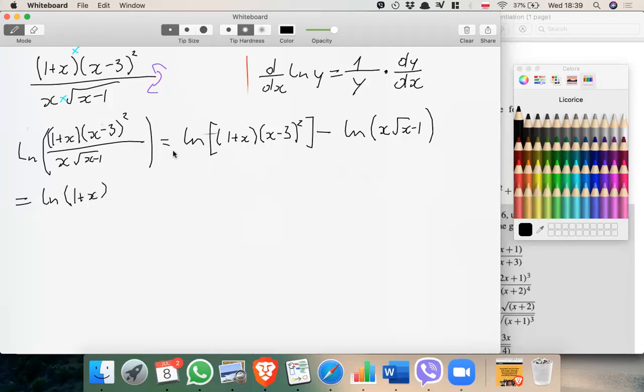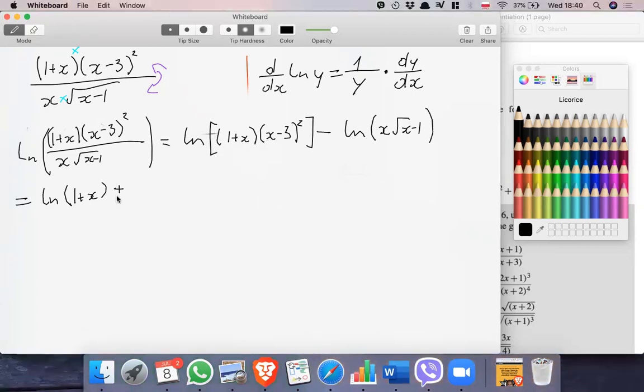And what I'm adding to it is, because this is a product, by the law of logarithms, a product of two functions in a logarithm turns into an addition of logarithms, plus ln of x minus 3 all squared, and then minus, I'll put the bracket over here, ln of x plus ln of root of x minus 1.